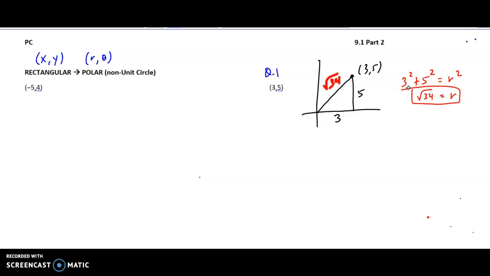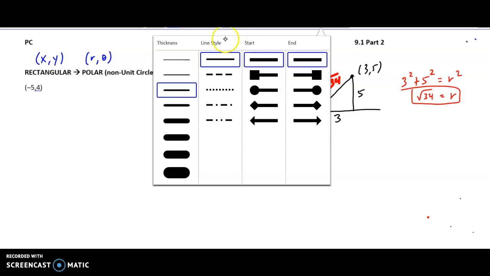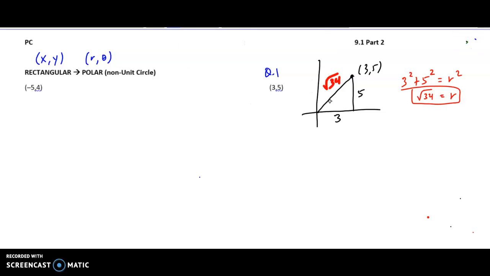All right, we're halfway done. Now for theta. We know that theta is right here. Remember, what I'm highlighting is the pole axis. We want this angle to be our theta.